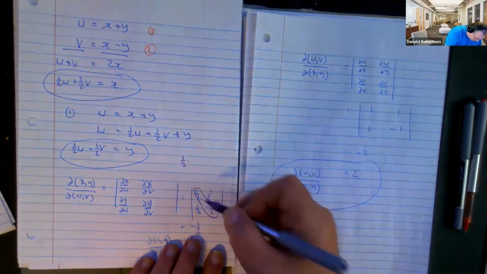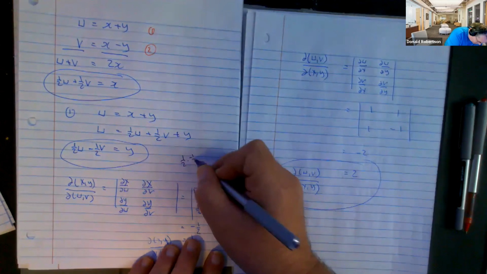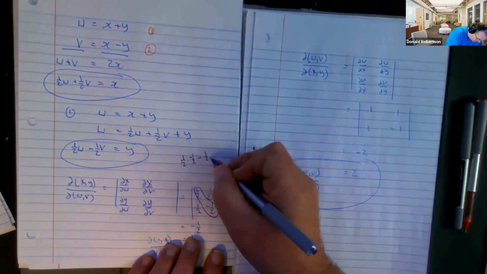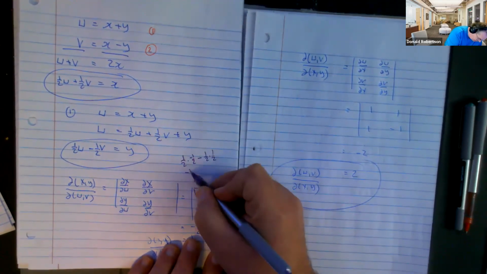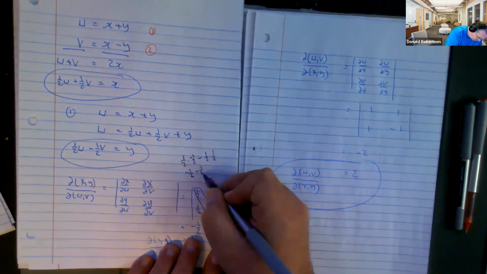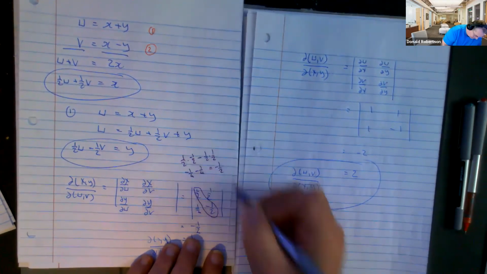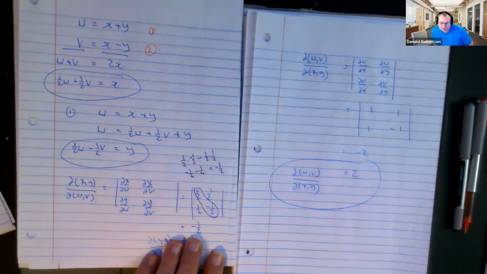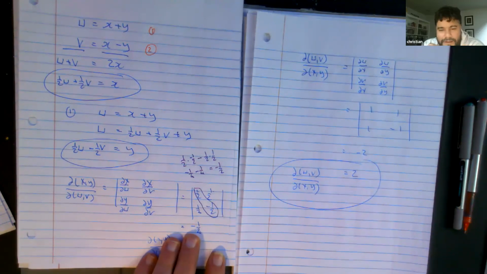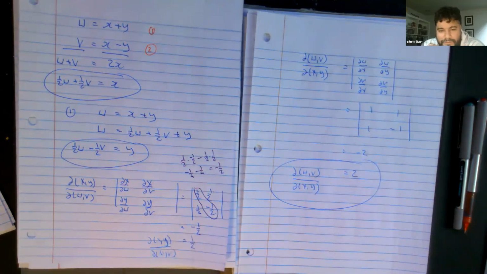Right here, well, let me do it. 1/2 times negative 1/2, take away 1/2 times a half. Negative a quarter, take away a quarter. That's where the negative a half came from. How's that u positive though? You see how you got 1/2 u minus 1/2 v equals y?